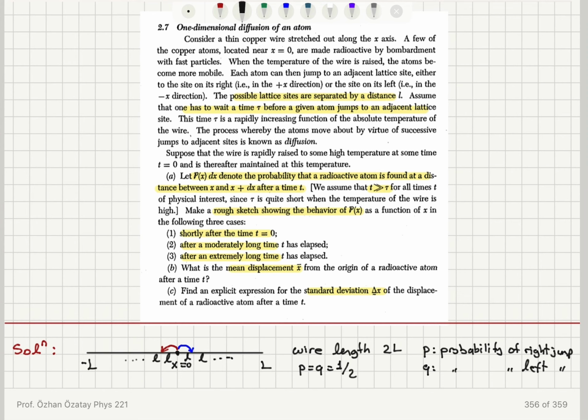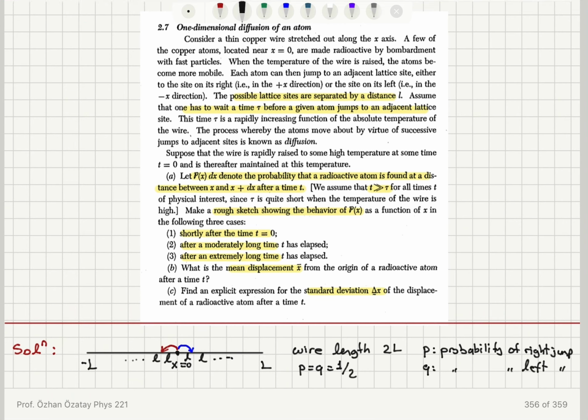And right after the temperature is raised, we start watching the diffusion of the atoms, and we denote P of x dx, the probability that a radioactive atom is found at a distance between x and x plus dx after a time t, and t is much greater than tau. So we're going to sketch this probability distribution shortly after t equals 0, after a moderately long time t, extremely long time t, and we will find the mean displacement and standard deviation of the displacement.